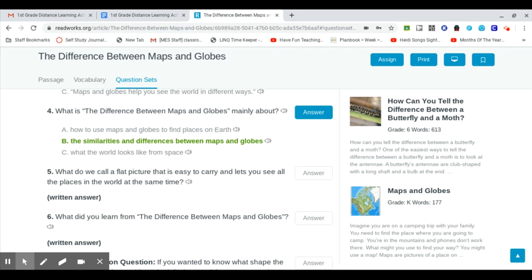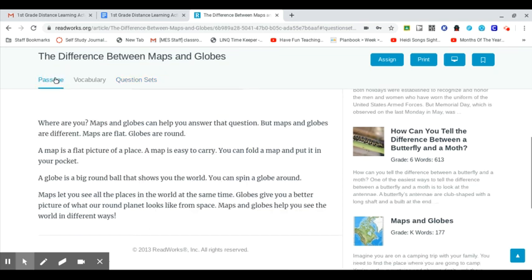Number 5, this is going to be a written answer for you. What do we call a flat picture that is easy to carry and lets you see all the places in the world at the same time? So, which one of these has been flat? We can go back to our passage. And your answer is going to be right here.